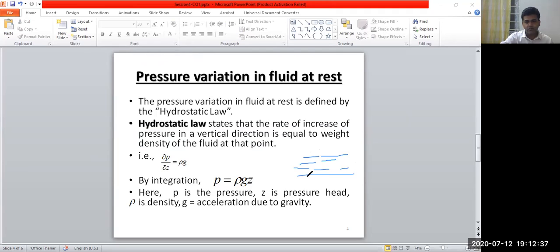So this is your reference bottom line, and this is your distance. This distance from the reference line may be Z1. So this is your Z1, and this distance, suppose this is your Z2.